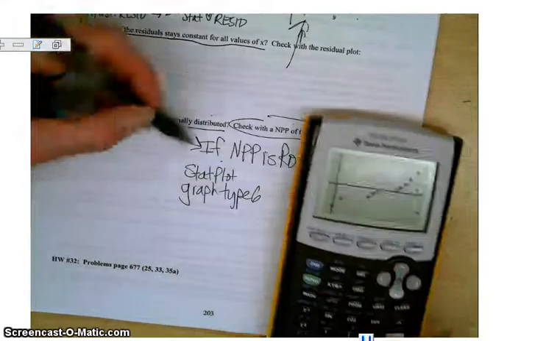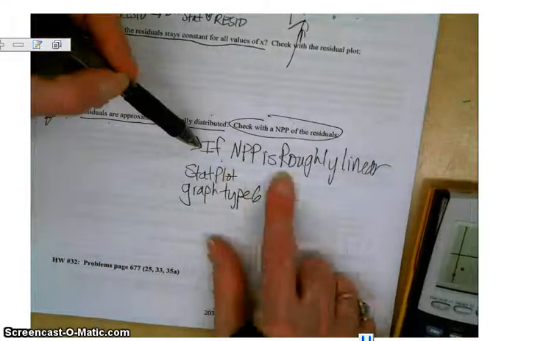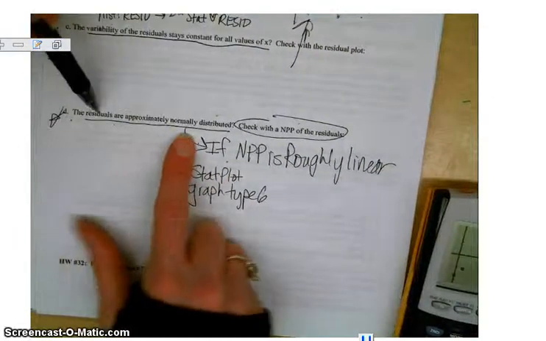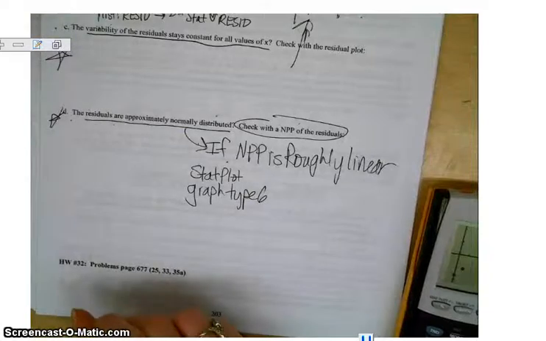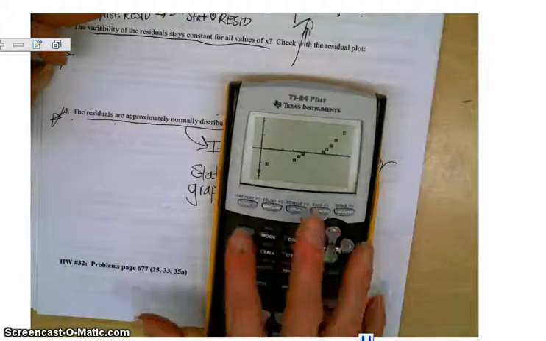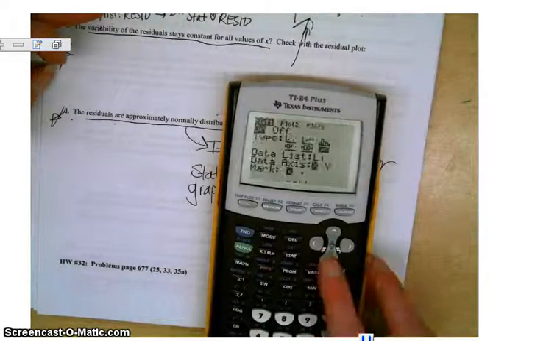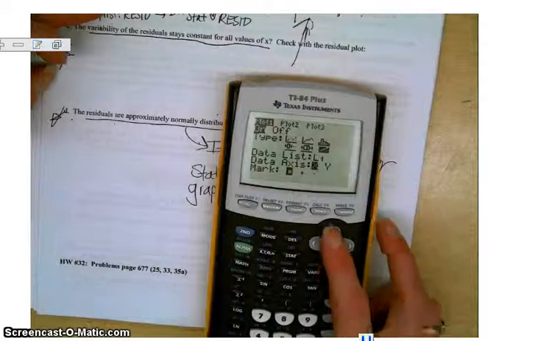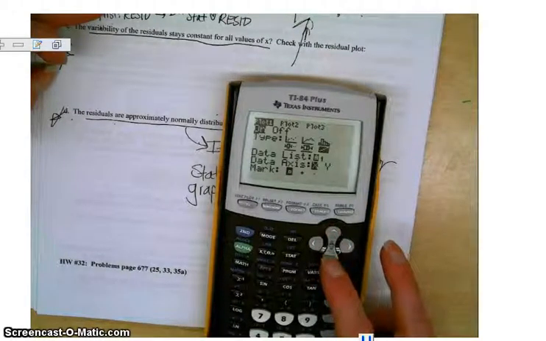So if the normal probability plot is roughly linear, then the residuals are approximately normal. So we want the data axis on X. The data list, list 1. You want the X's.